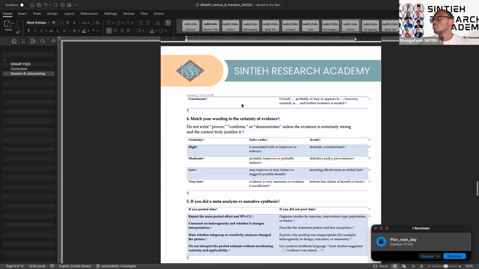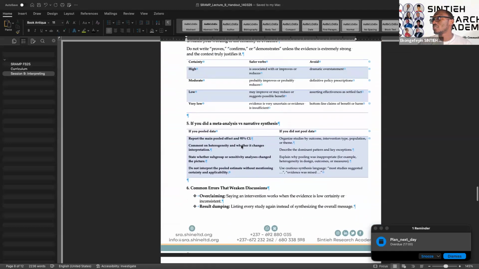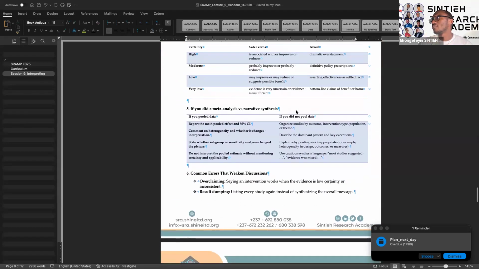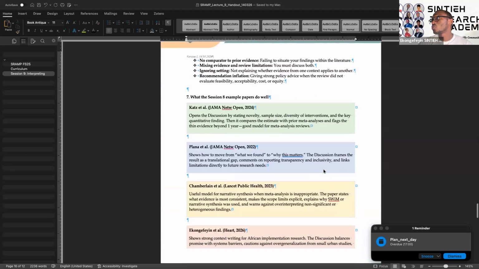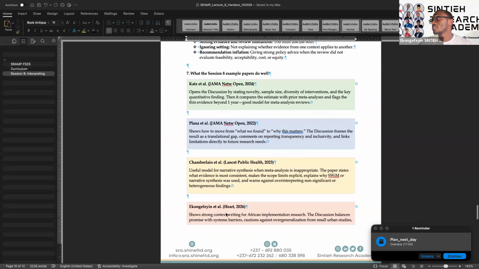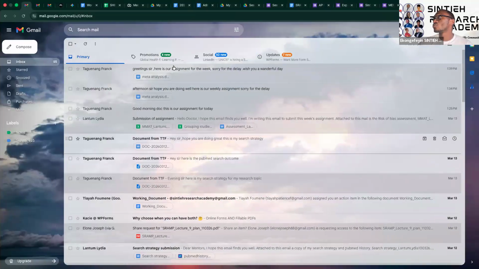And same thing when you're talking about sentencing. And then if you did a meta-analysis versus this, these are some things that you need to pay attention to. And then we also have now a summary of the papers that we showed, and you would see exactly how their discussions vary and every other thing vary. Are there any questions?